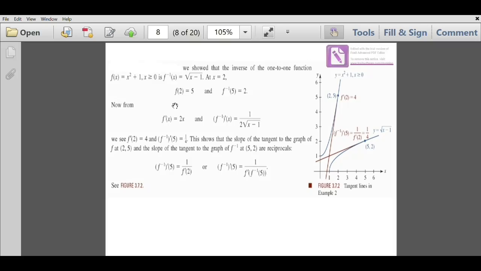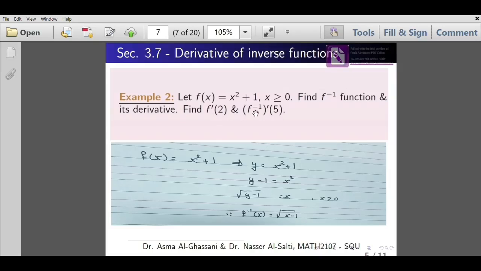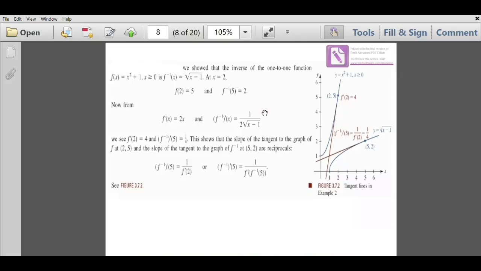So then we need to evaluate the derivative. We need to find f prime 2 and the derivative of f inverse at 5. So for f prime 2, the derivative of f of x is equal to 2x. And the derivative of f inverse, we need to differentiate this one. It will be 1 over 2 times (x minus 1) to the power minus half, which is 1 over 2 root x minus 1.